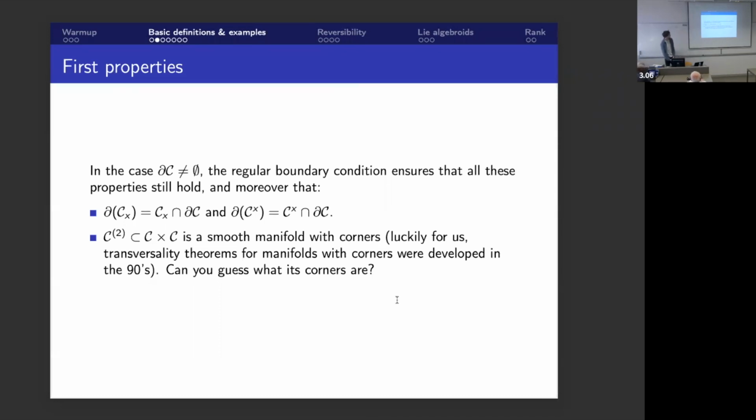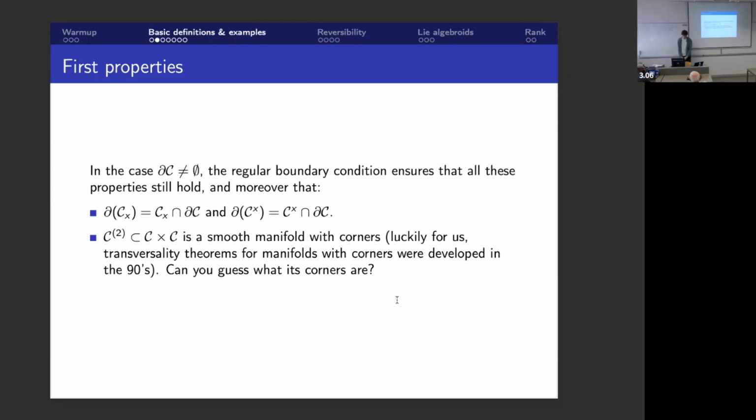So what I'm saying just now is that because of the regular boundary assumption, the boundary of our source and target fibers is just the same source and target fibers intersected with the boundary.